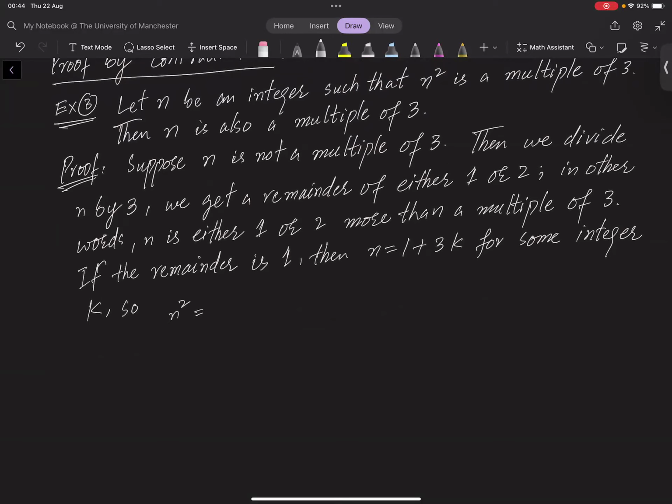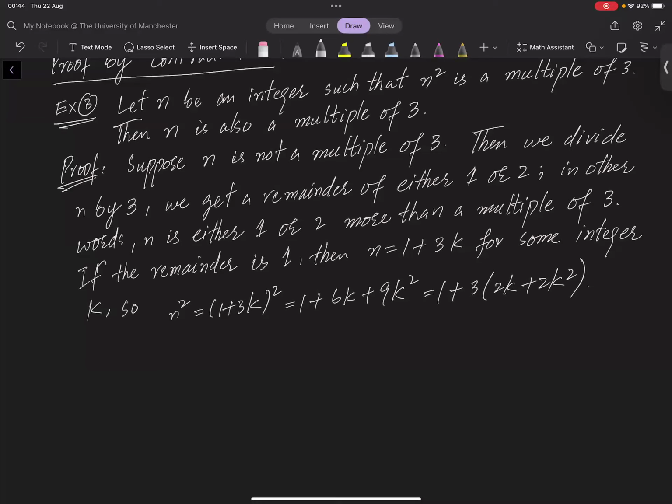So n square is 1 plus 3k square, which is 1 plus 6k plus 9k square, which is 1 plus 3 into 2k plus 3k square.